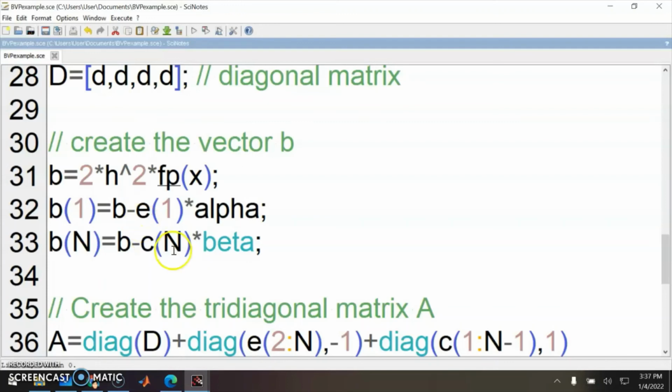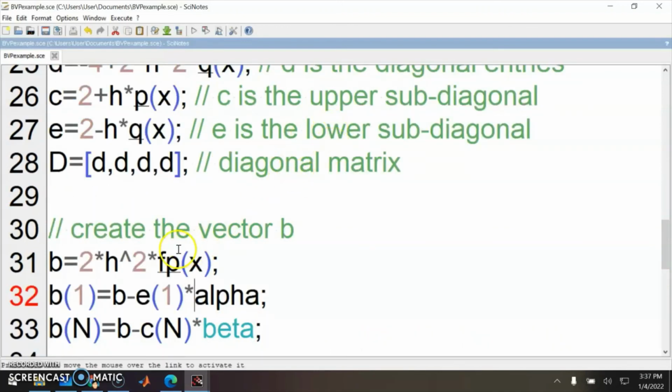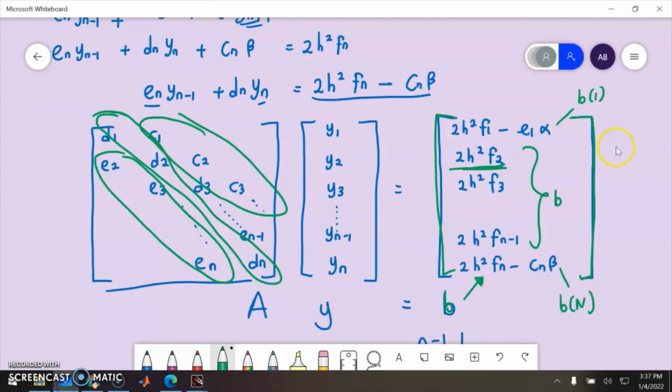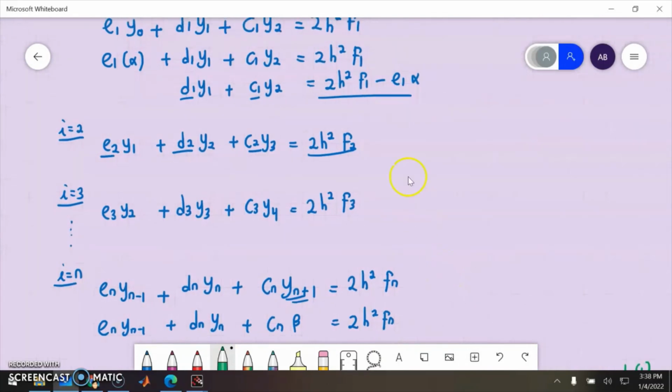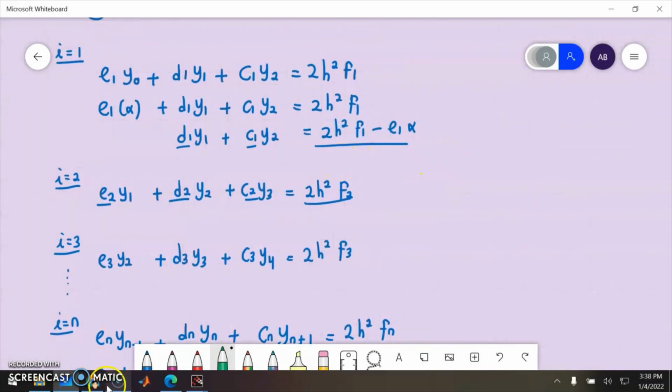What is that? So E1, this is with alpha. E is the lower. Oh, there you go. See the problem here? B1, so B1 is my E1, but my E is my lower triangle and C is my upper triangular matrix. So is this correct, this equation? It should be correct. Yeah, so I should have this right.